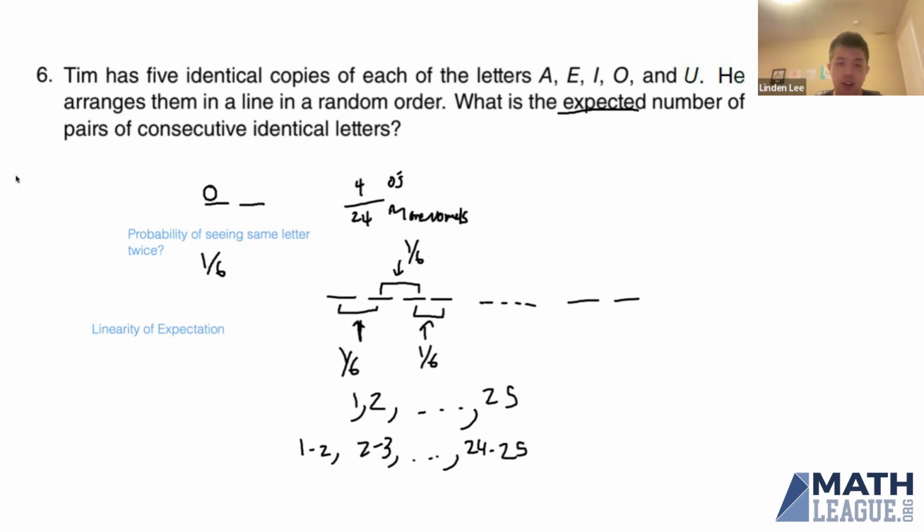So there are 24 possible pairs of slots next to each other. Each of them you're expecting to see 1/6 pairs of consecutive identical letters. And so you just add 1/6 up 24 times, you're going to get 24 times 1/6, which is equal to 4. So you're going to expect to see 4 pairs of consecutive identical letters among this line that is arranged in random order.